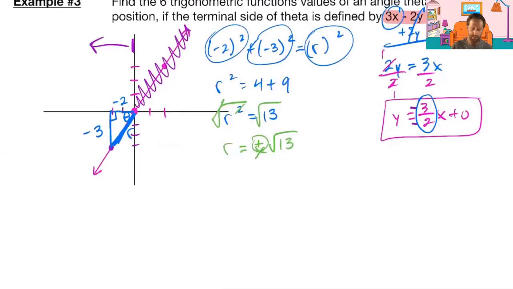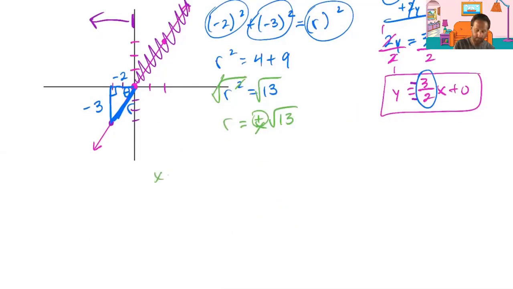So now that we have our x, which is -2, our y, which is -3, and our r, which is the square root of 13, you should now be able to find every one of our trig functions.